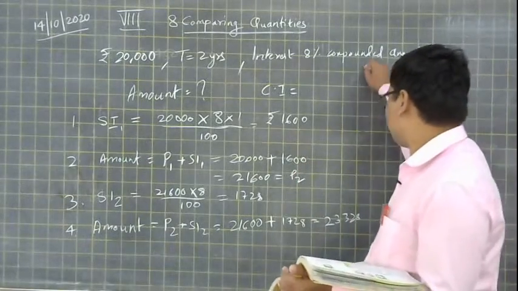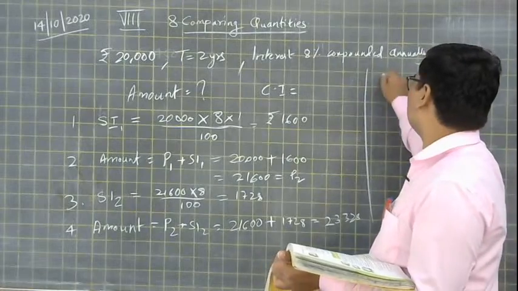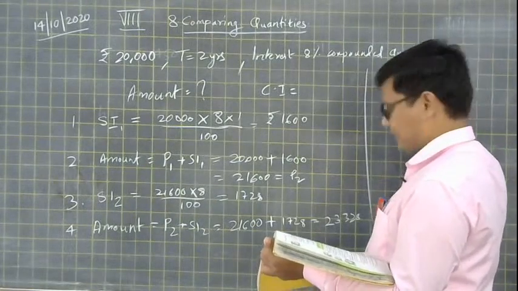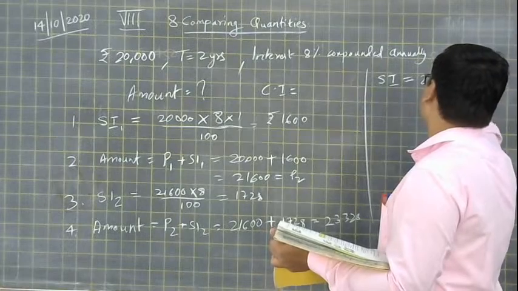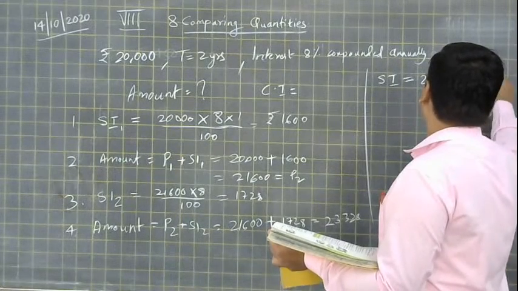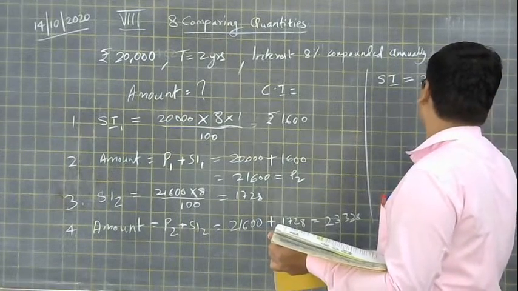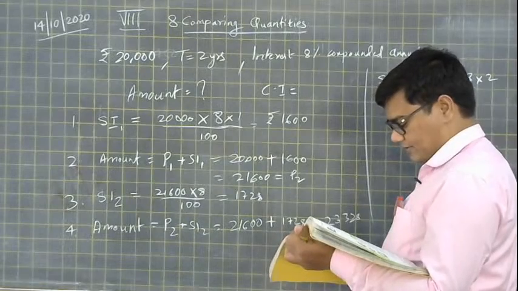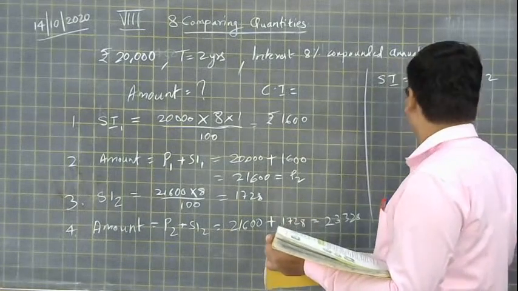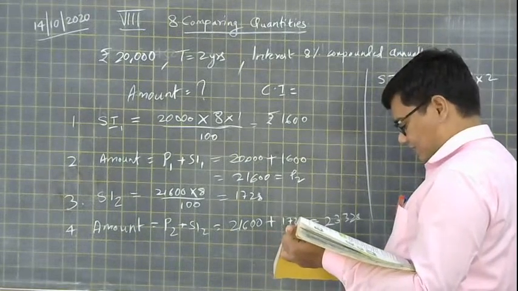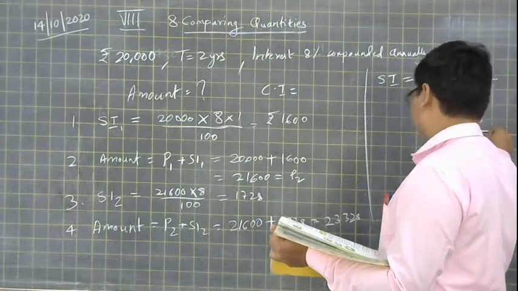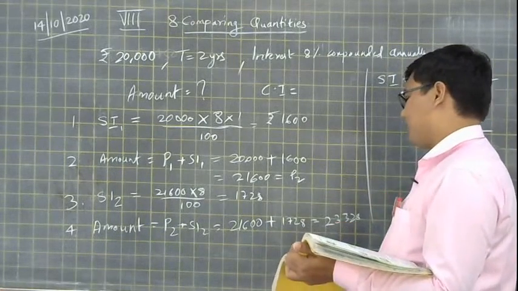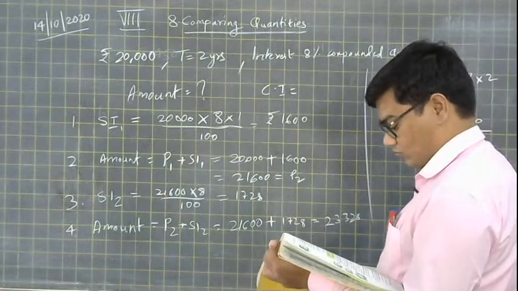So simple interest for 2 years will be equal to 20,000 into 8 into 2 upon 100. When we calculate this, we get rupees 3200.